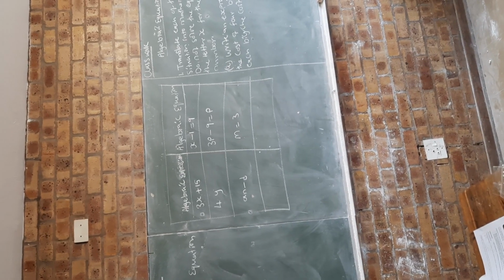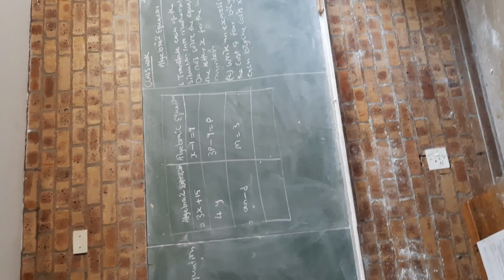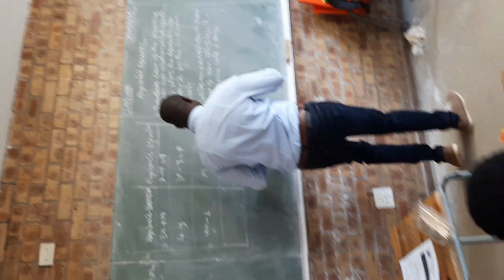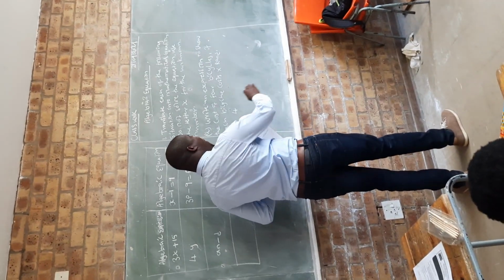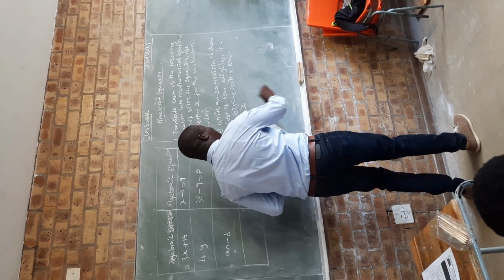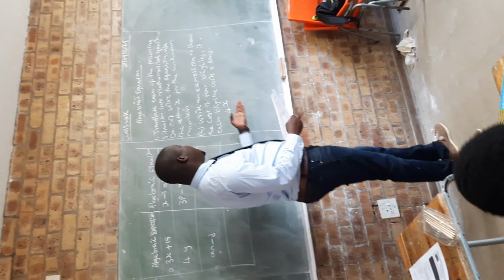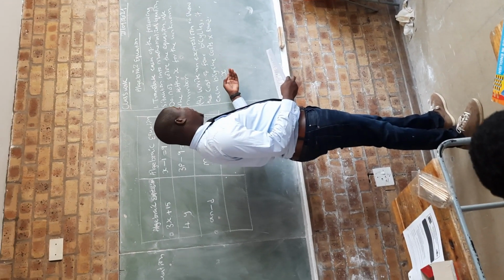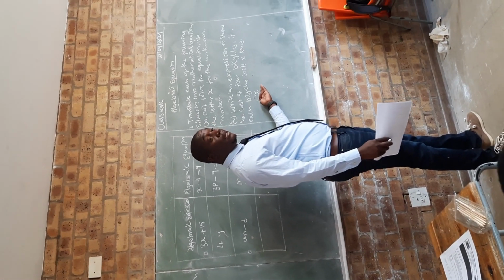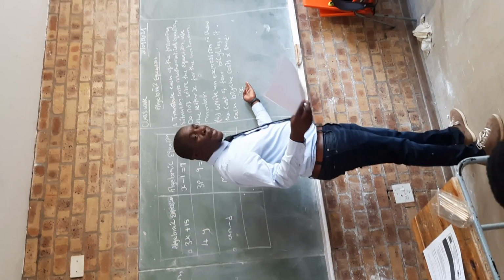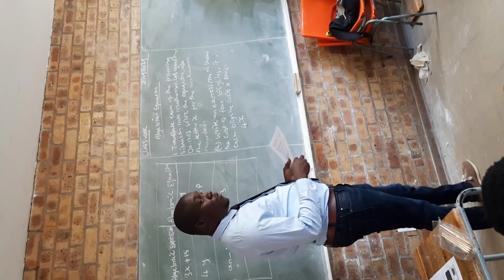And how many bicycles do we have? 4. So it's going to be 4 bicycles multiplied by x. This is an expression where 4 represents the number of bicycles and x represents the cost of a bicycle.